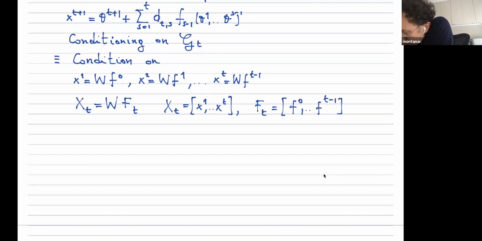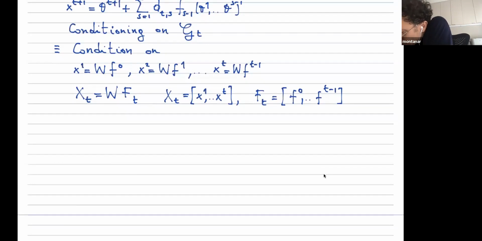Okay, so this is really conditioning a Gaussian matrix on the value. So the Gaussian matrix is W. So we condition a Gaussian object on the value of a linear function of this Gaussian object, because W times F is a linear function of W. And you know that if you take a Gaussian and you condition it on the value of a linear function of this Gaussian, this is distributed as the conditional expectation plus the projection of an independent Gaussian on the kernel of that linear operator.